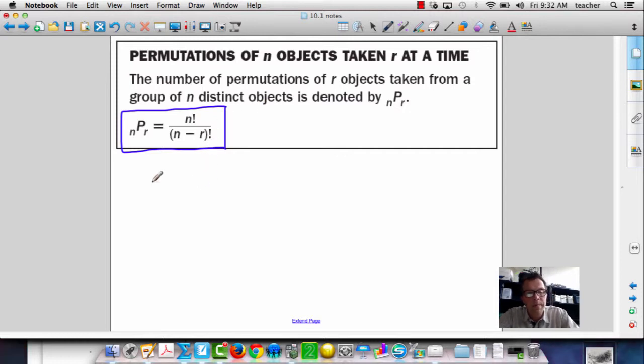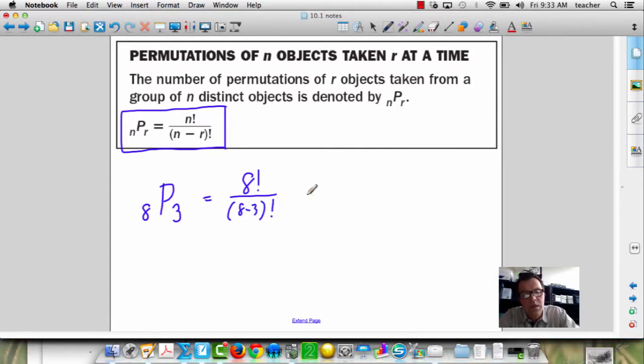So if I had 8 teams to pick from, and I want to place first, second, and third, that's 3 picks. And so here this would be 8 factorial divided by (8 minus 3) factorial. And so this is the same as 8 factorial over 5 factorial. And then we kind of expand it.